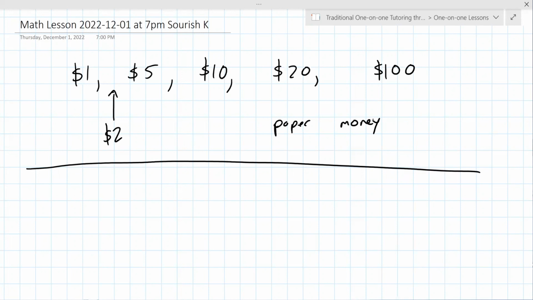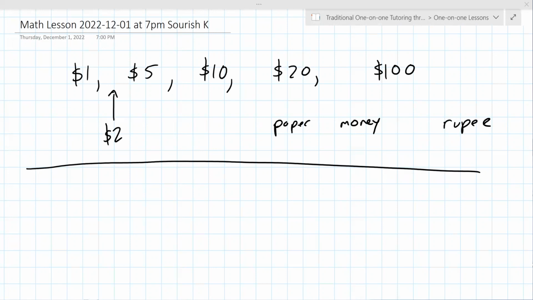Do you remember the paper money that you might have seen there? I believe it's the rupee. Yeah, the rupee. I believe that's what it is in India.